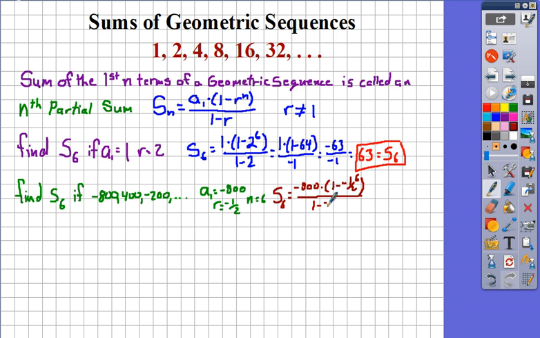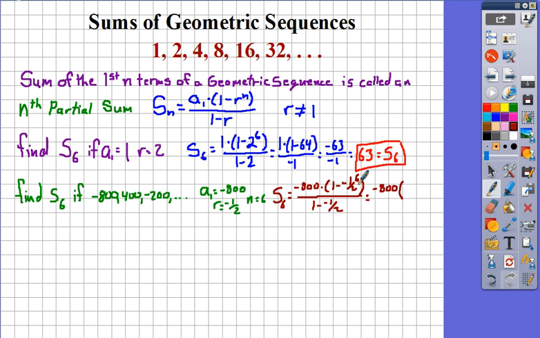1 minus negative half. So as we start to simplify this, let's leave that negative 800 still, times negative 1/2 to the 6th power, where we have to do the order of operations first.